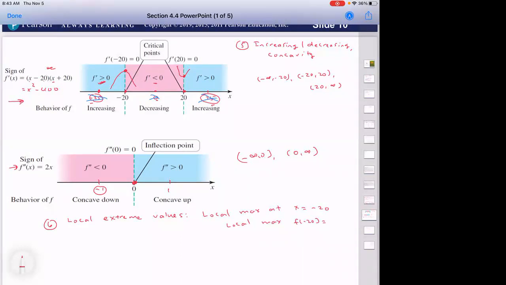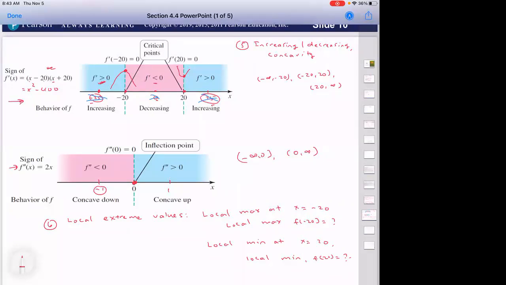And similarly, we have a local min at x equal to 20. Find the local min value, F of 20. You find the number here, you find the number here.